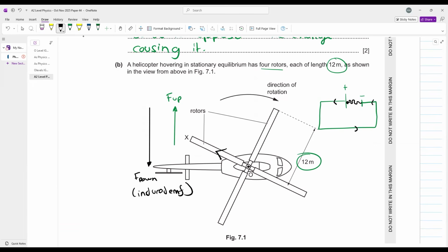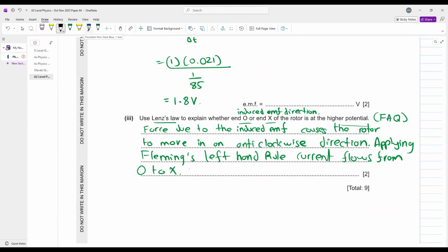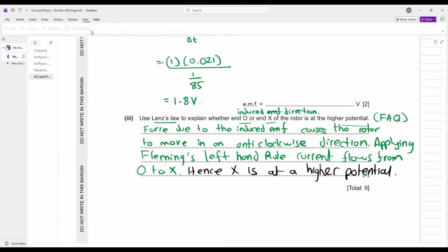Beta, how will the voltage flow inside the battery? From the negative to the positive. If the current is flowing from negative to positive, from O to X, which one is the higher potential? X, so you can write it here. Hence, X is at a higher potential. Simple. Let's move ahead, beta.